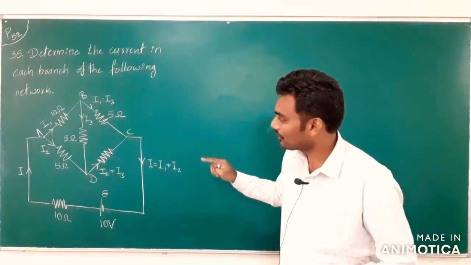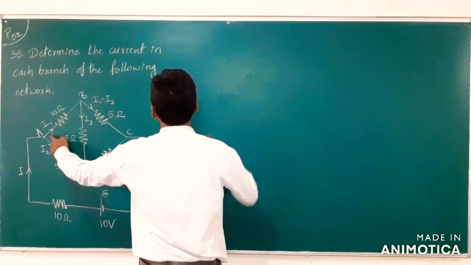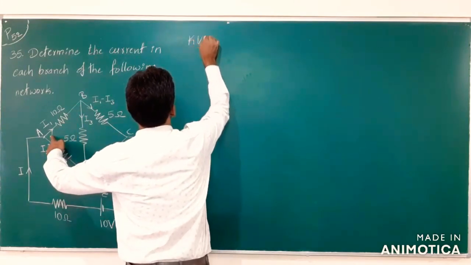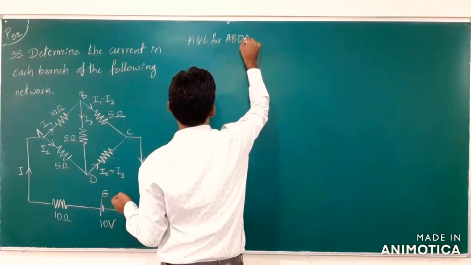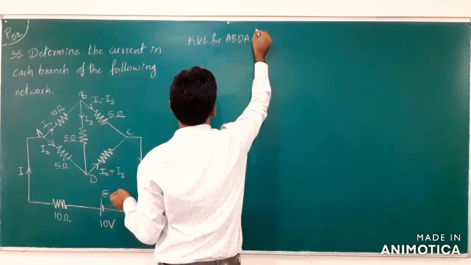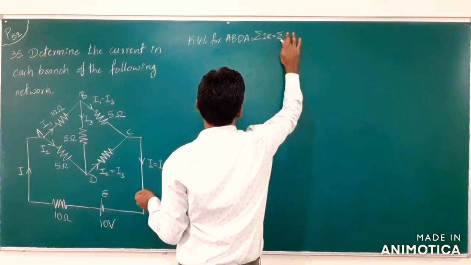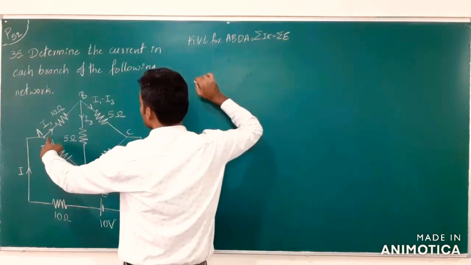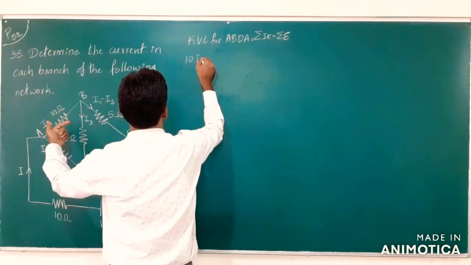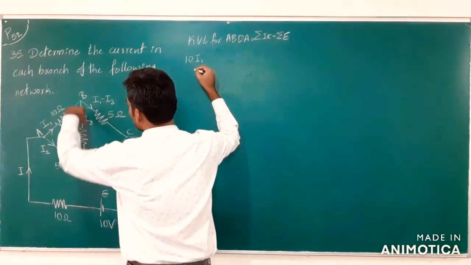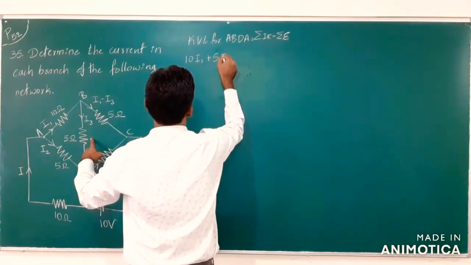Okay, let me start from the loop ABDA as usual. KVL for the loop ABDA. General form, write it once: summation IR is equal to the sum of EMFs. A to B, I1 same direction, so it is 10 I1. Then B to D, I3 with 5 ohm same direction, plus 5 I3.